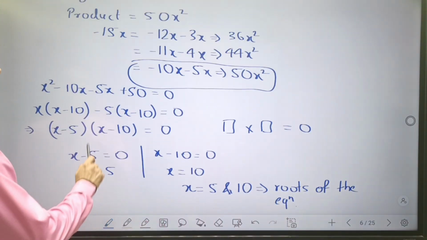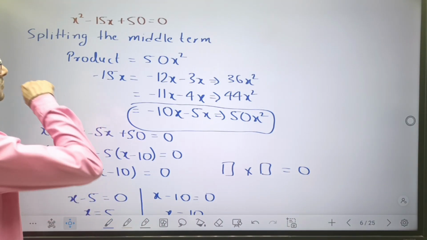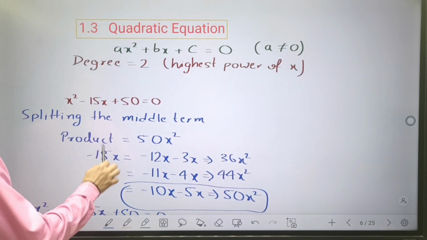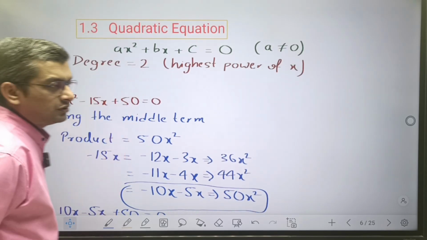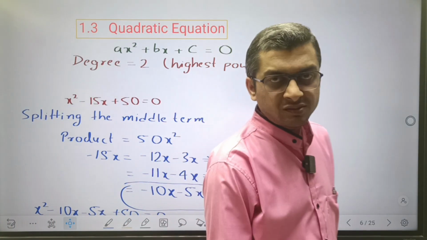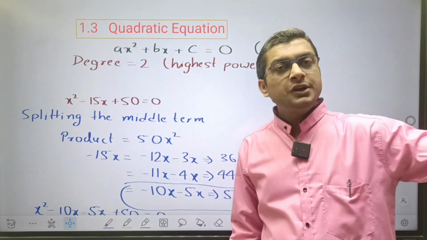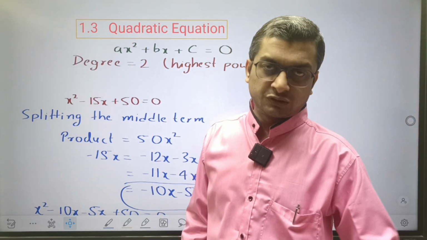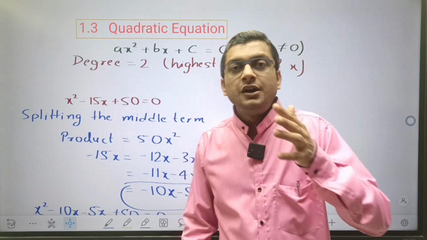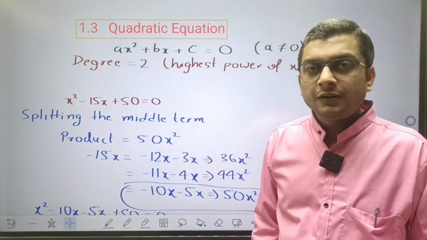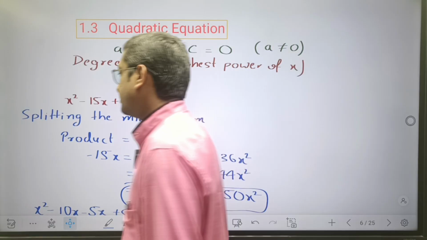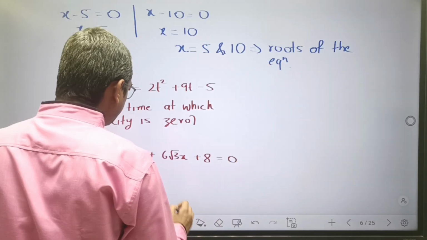Now again, if there is power 2, that is degree 2, then we have maximum two roots. If there is power 3, then it becomes a cubic equation and we have maximum 3 roots. So how many roots we get depends on the degree of the equation.